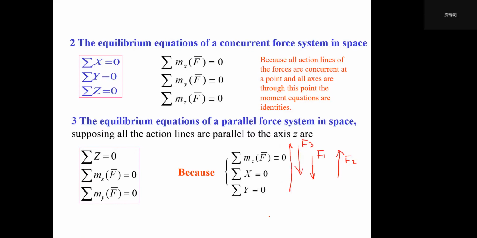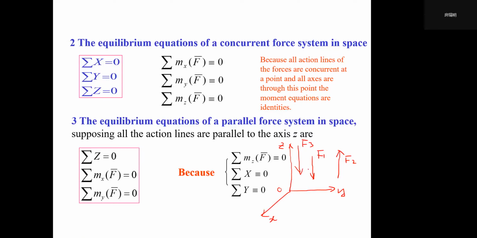Like we have this coordinate system X, Y, O, and Z. That means all the forces are parallel to each other, and all the forces are perpendicular to the plane X or Y, right?